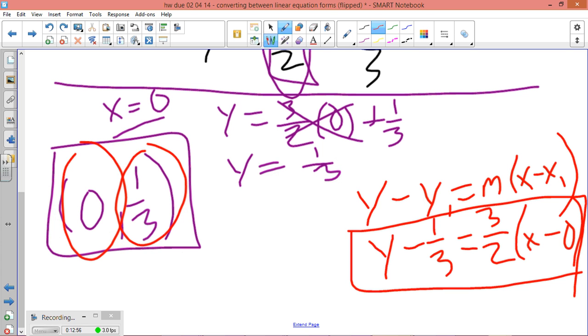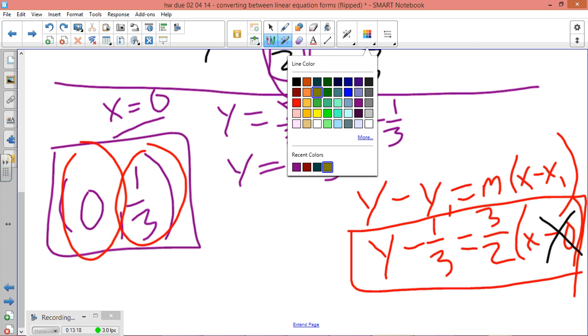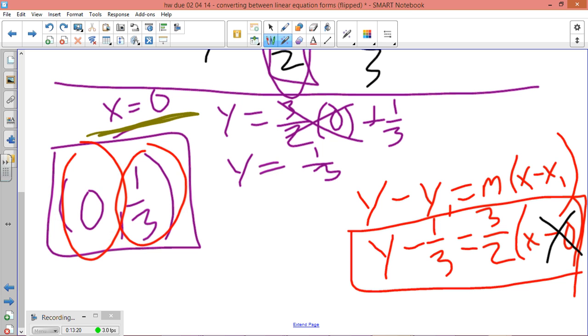I want to point out one other thing. You could, like I did in the previous one, cross out this 0 and just make it 3 halves x. That's not necessary there. But I do want to point out one thing. You see how over here I picked x equals 0?